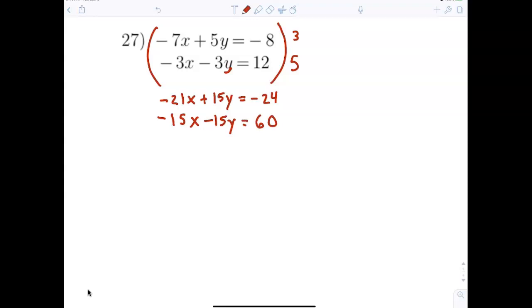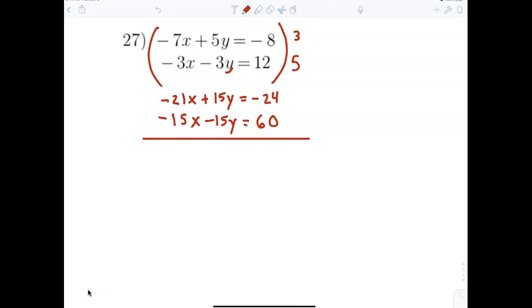Now look what happens. Draw my line underneath. Negative 36x is equal to 36. Exactly. So I now know that x equals negative 1.